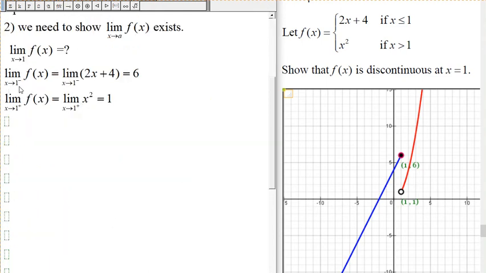So the limit from the left of 1 is 6, the limit from the right of 1 is 1, and they're not the same.